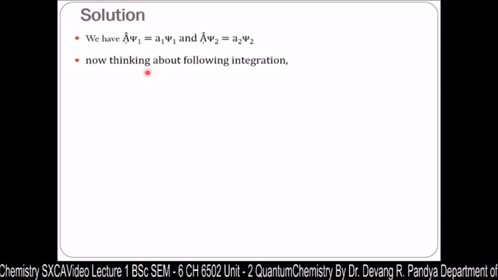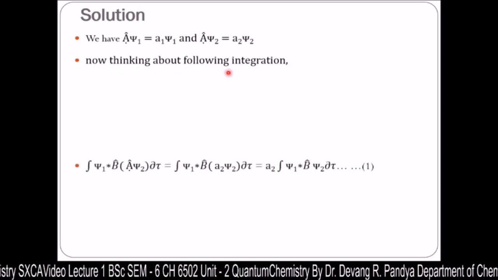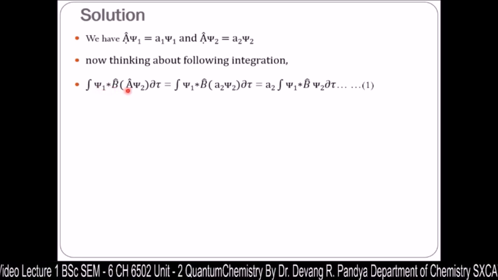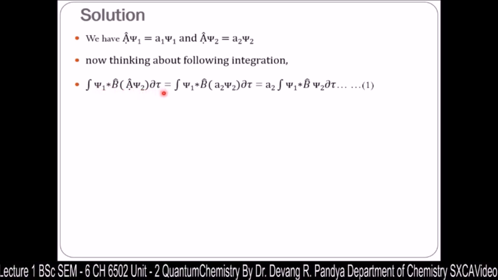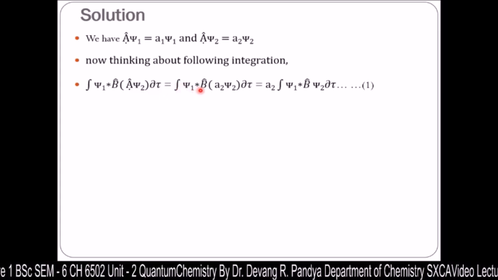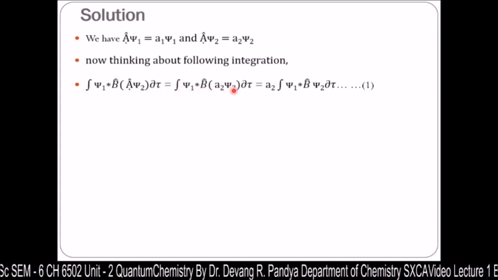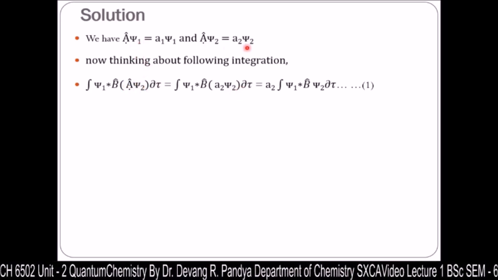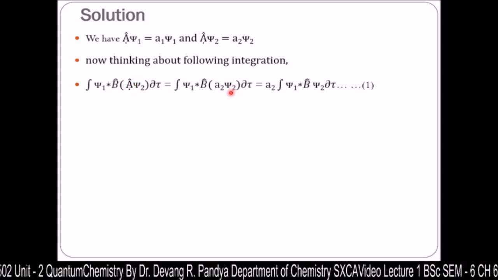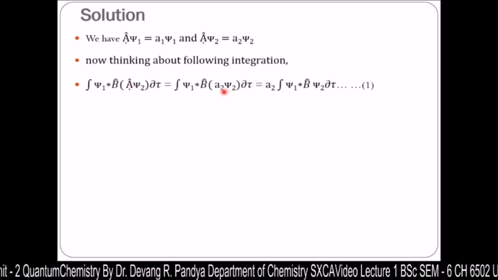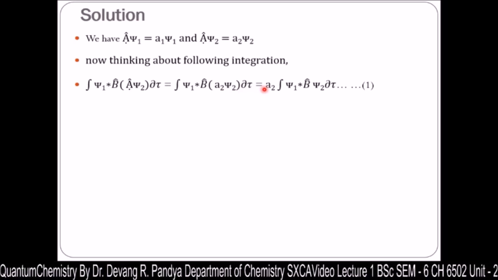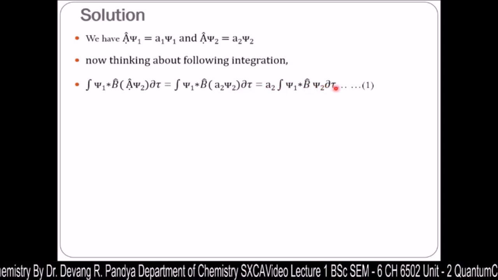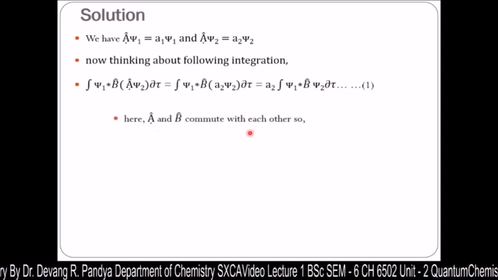Now thinking about this integration, we're going to get integration psi 1 star B A psi 2 d tau is equal to integration psi 1 star B A2 psi 2 d tau. So instead of A psi 2, we can put A2 psi 2. So that value is substituted over here. A2 is the constant, so we need to keep it outside the integration, and we'll get A2 integration psi 1 star B psi 2 d tau.